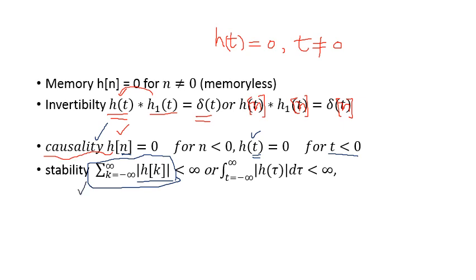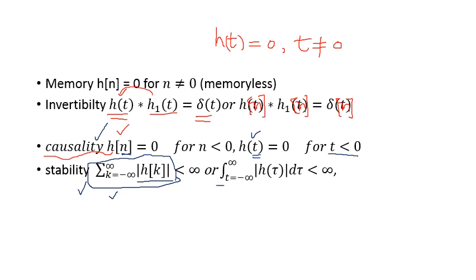So if I sum this impulse response, which is h of k, from k running from minus infinity up to infinity, and it does not diverge, meaning we get some finite value, then such a system is called a stable system.